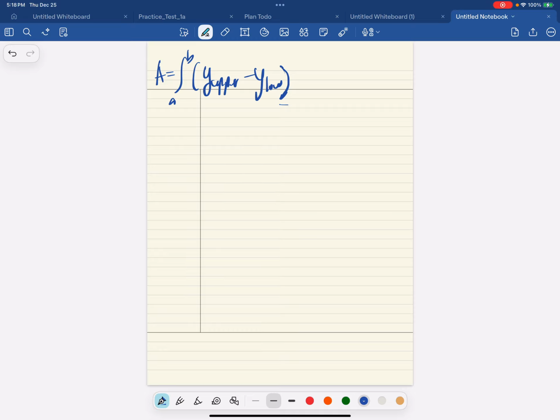And this is really, really simple to do for, let's say, an example of 2x minus x squared. That's the first function. Take away x squared plus 4x, the second function. All of that dx. All we need to do is, well, first of all, integrate.